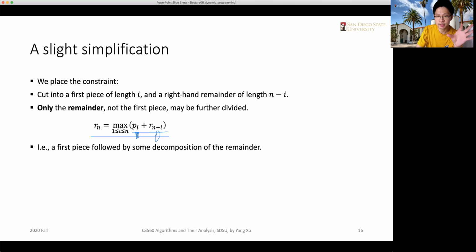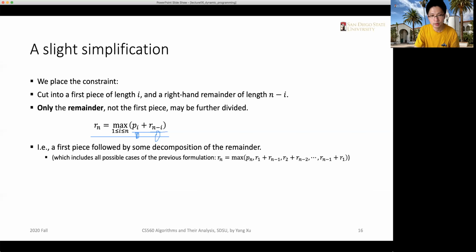And we will show that this actually includes the cases where we optimally cut both parts. So it includes all possible cases of the previous formulation, which we have shown in the previous slide.